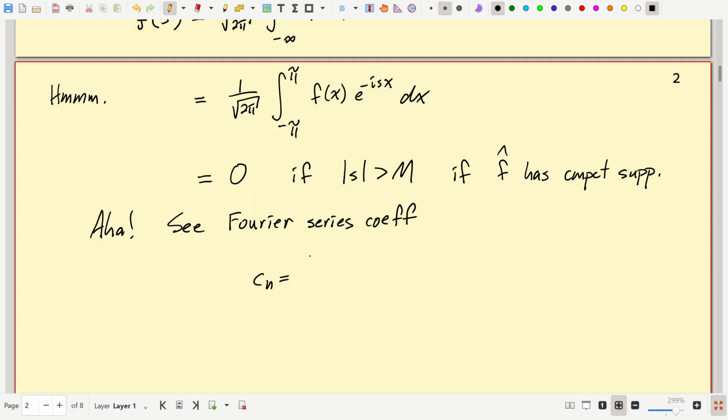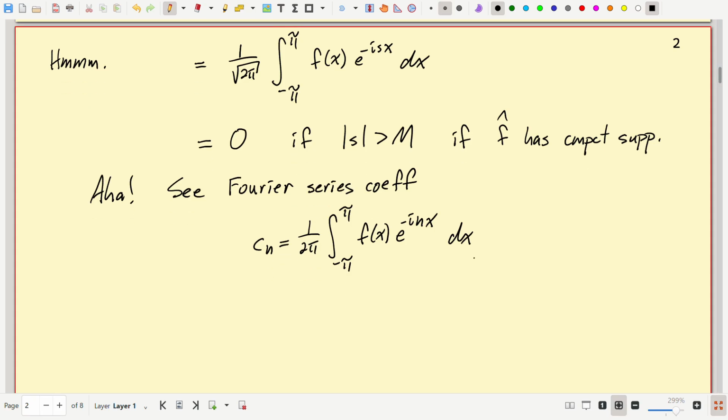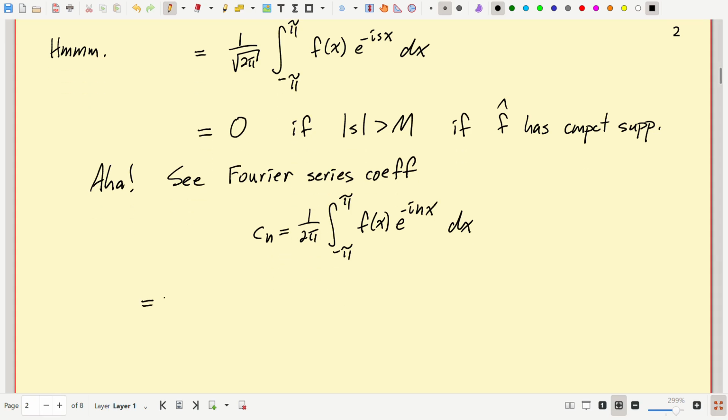Those are equal to 1 over 2 pi integral from minus pi to pi of f of x, same thing, except in place of an s, we'd have an n, e to the minus i n x dx. Those are 0 when the absolute value of n is greater than that m.